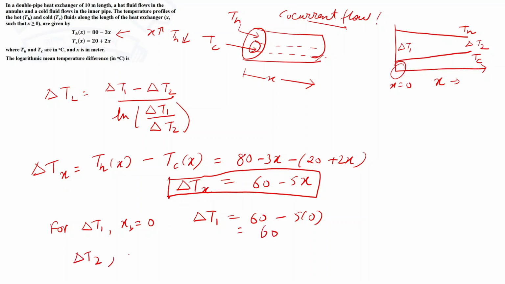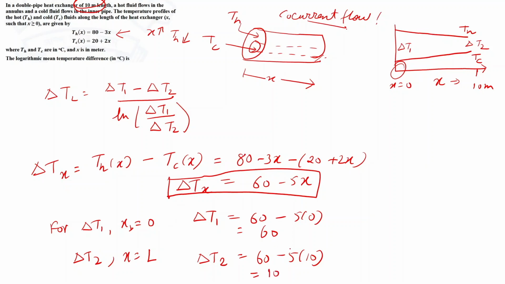Similarly, for delta T2, we can take x equal to L, and we have been given the length as 10 meter. Delta T2 will become 60 minus 5 into 10, which is 60 minus 50, that is 10.